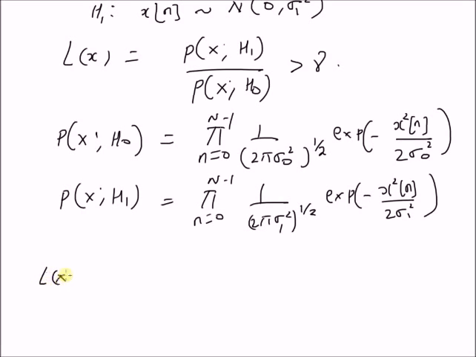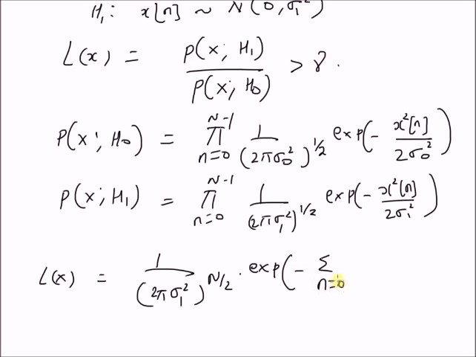So, the likelihood ratio test, that is L of x, becomes the ratio of these two distributions. That is, in the numerator we have the distribution corresponding to h1, which is (1 by 2 pi sigma 1 square) whole power n by 2 multiplied by exponential of minus summation n equal to 0 to n minus 1. That is, the product of exponentials becomes exponential of the sum.